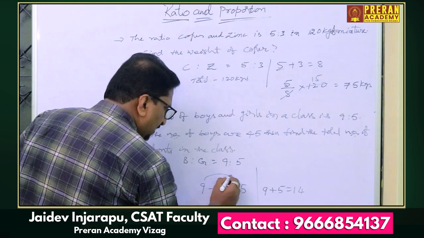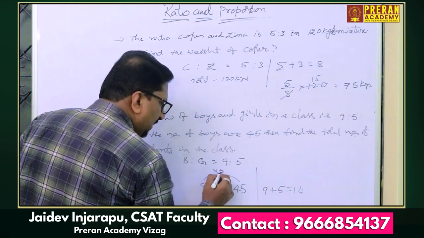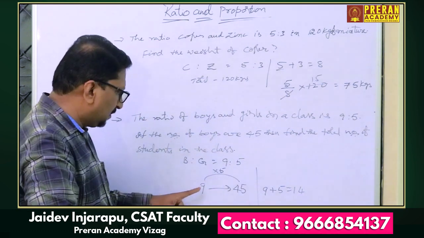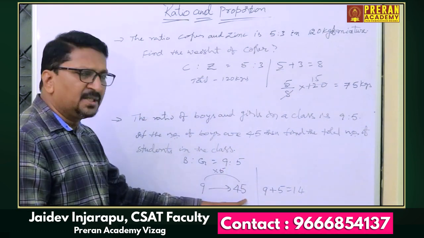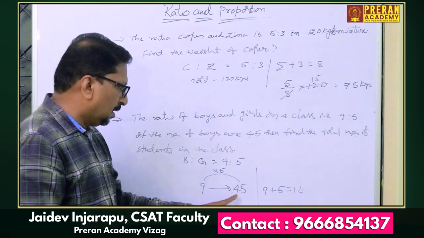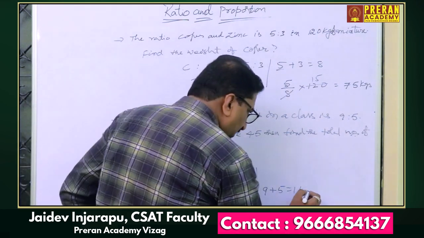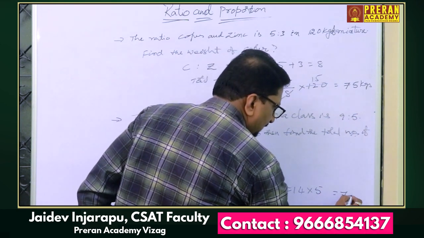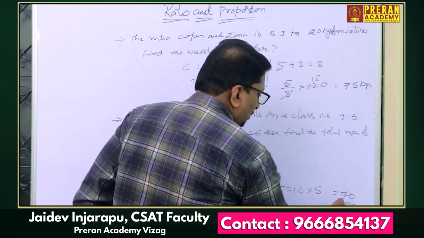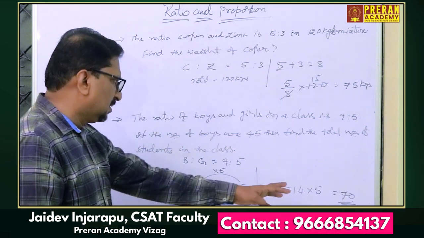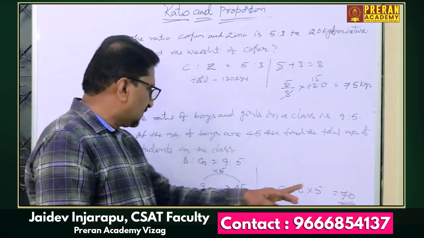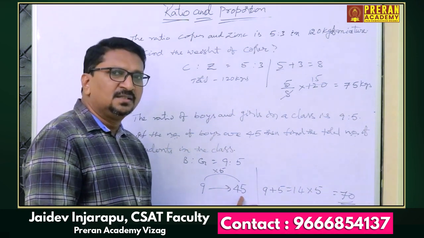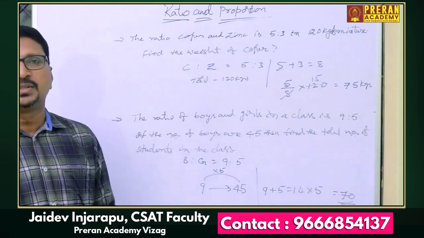That means 9 fives are 45, each part is 5. So 45 we got. Now you have to multiply with the same, into 5. 14 fives are 70. So total number of students in the class is 70, out of that 45 are boys. Got it? So in this way, we can solve the questions very easily.